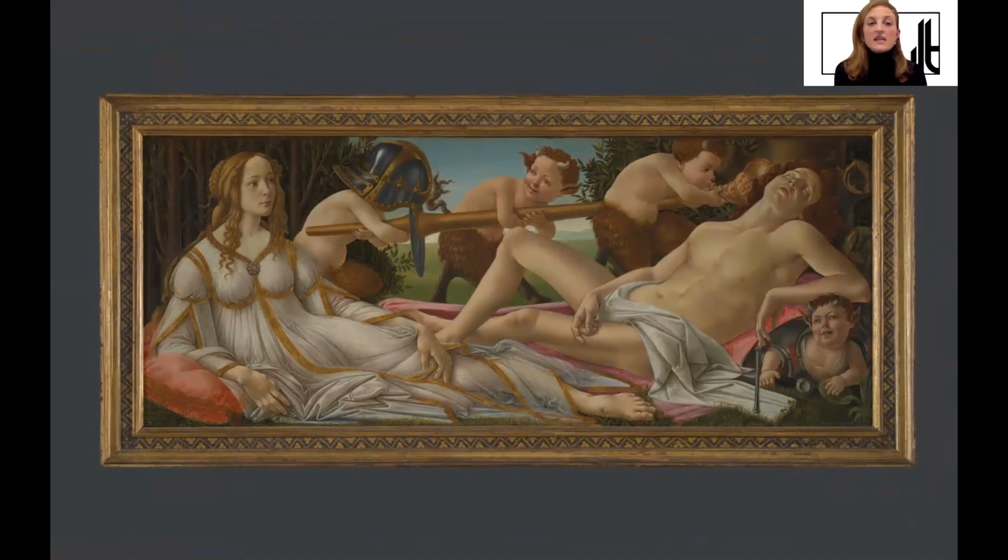And it was in this period that he paints not only this painting, but perhaps two other paintings that are more familiar to you, which is the Birth of Venus in the Uffizi Gallery, and also the Primavera.